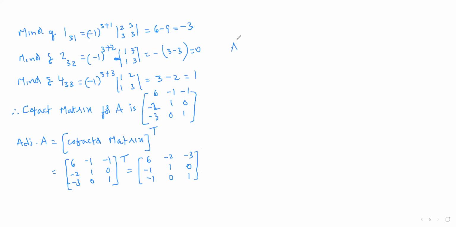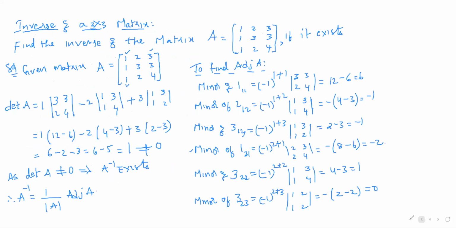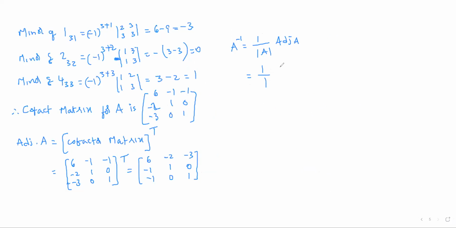Now A inverse is equal to 1 by det A into adjoint A. 1 by det A means how much you got already? Determinant of A is 1, you got already. So 1 by 1 into adjoint A. So automatically 1 by 1 means 1 only. 1 into anything, that thing only.